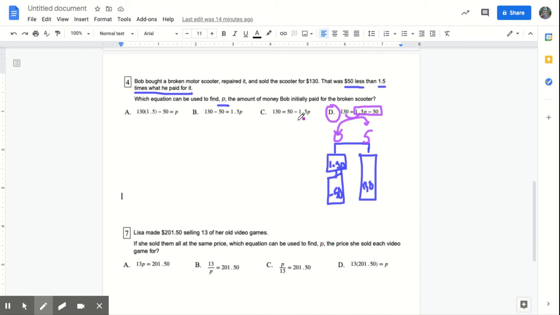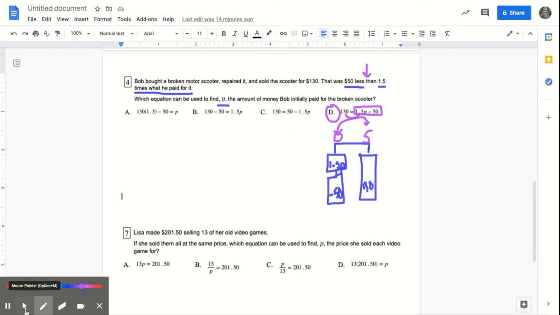C looks pretty similar. However, it's $50 less than 1.5 times. So it's not 50 minus 1.5 times P. It should be 1.5 times P minus 50.